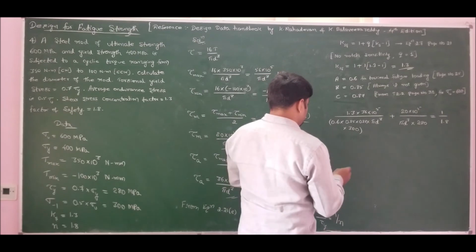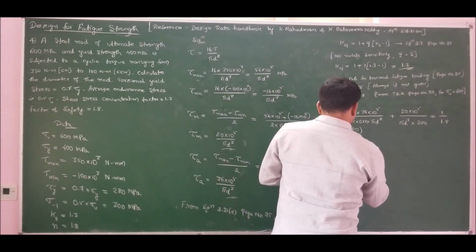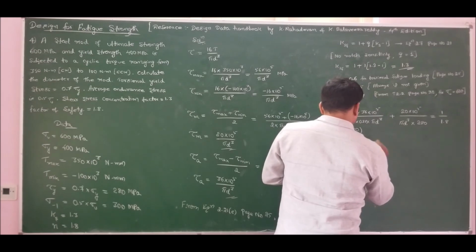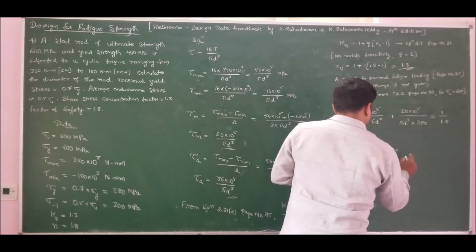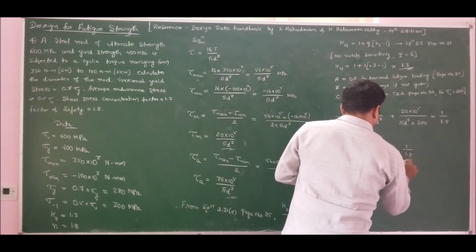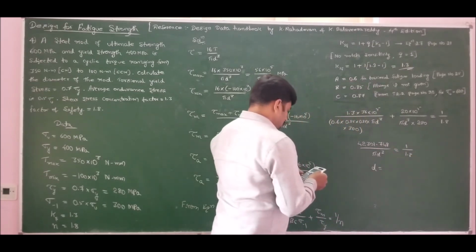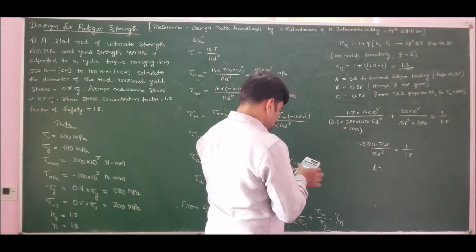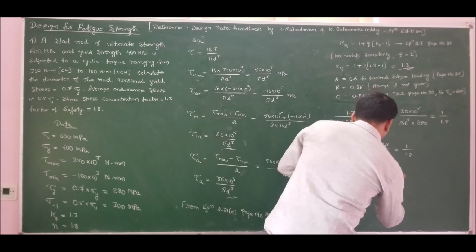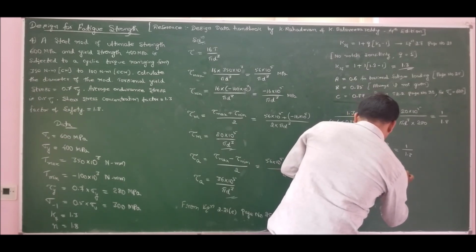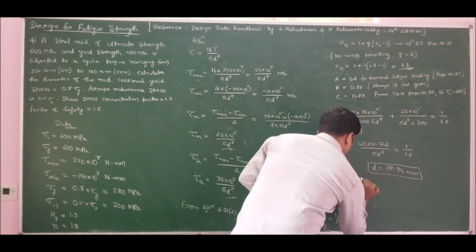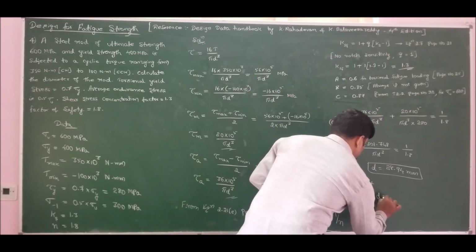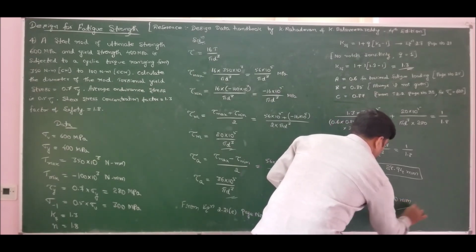Taking pi d cube as common, I will get the value as 42301.748 divided by pi d cube is equal to 1 by 1.8. So therefore, if I solve for diameter, the diameter is coming to be 28.94 millimeters. So therefore, adopt diameter as 30 mm.